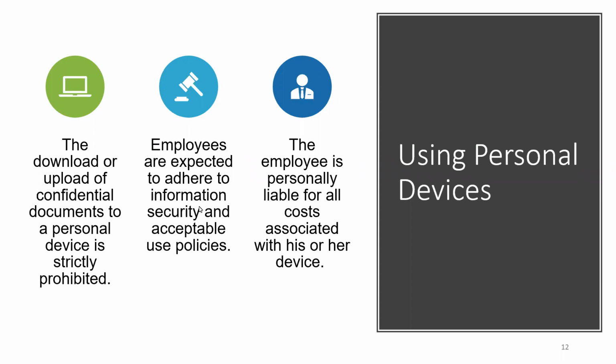You're not going to use your device for anything that is pornographic in nature, to store or transmit illicit materials, to harass other persons, or in cases engage in business activities that are outside of government.